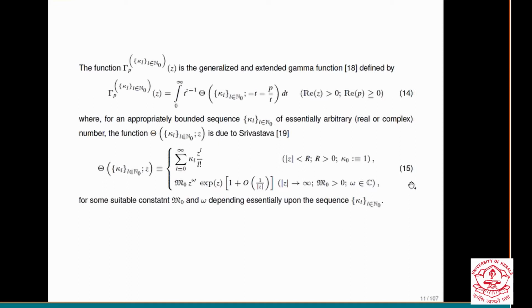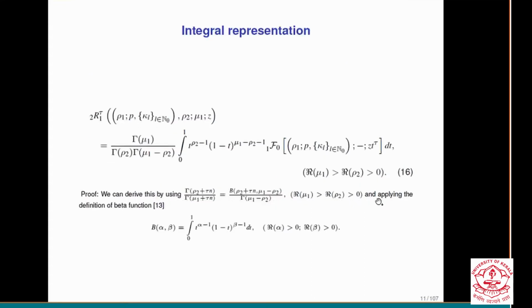So here we use these symbols like this. It depends on this L, K, L, and this L belongs to this, so it is given in this form. And we put this into the form of an integral representation, because, as you know, in special functions, integral representation is very important.